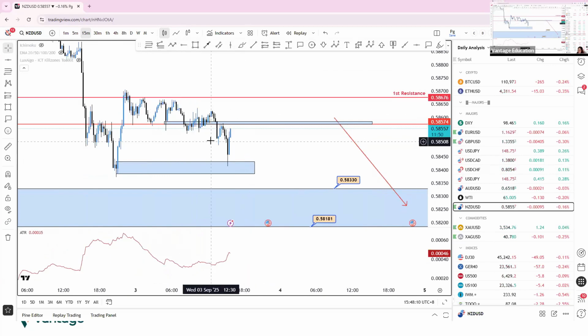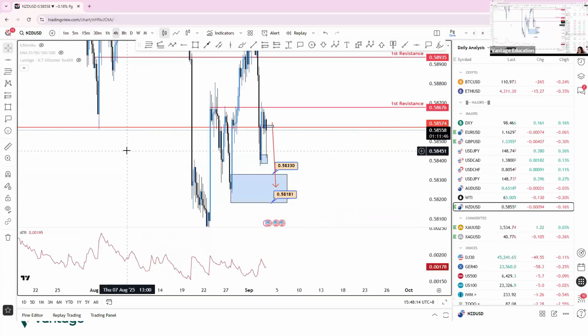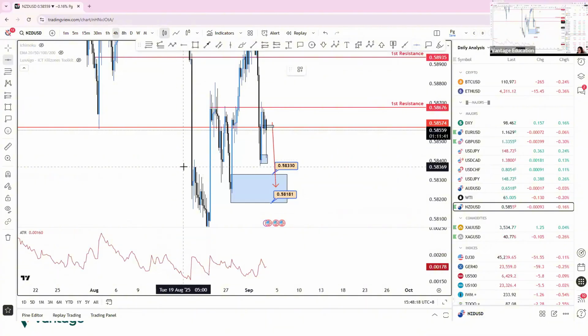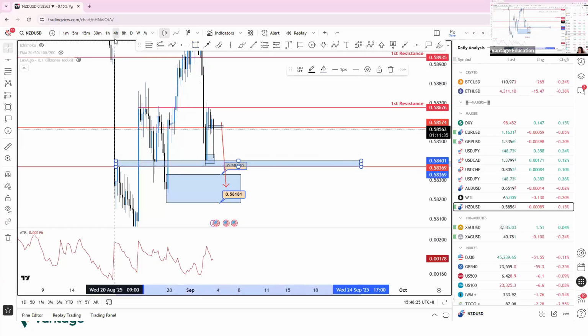But actually, if I look here, I would identify this as my first support, and I highlight the zone. This is going to be the support zone.